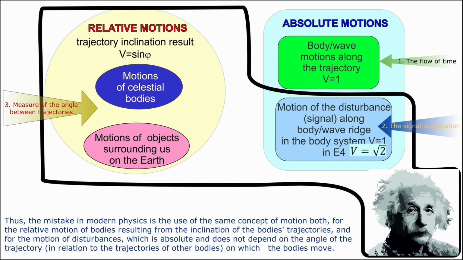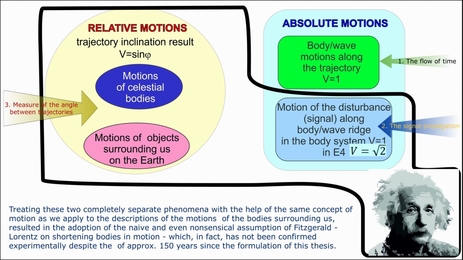Thus, the mistake in modern physics is the use of the same concept of motion both for the relative motion of bodies resulting from the inclination of the bodies' trajectories and for the motion of disturbances, which is absolute and does not depend on the angle of the trajectory in relation to the trajectories of other bodies on which the bodies move.